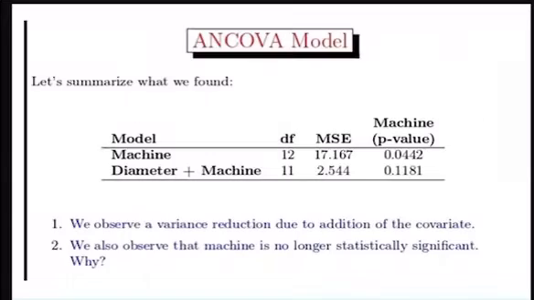Now take a look at this here. Is there an improvement? Instead of me using an ANOVA, I use ANCOVA. Using ANOVA is like, I'm only going to talk about the effect of machine only on the strength. I'm not going to adjust for the covariate diameter.